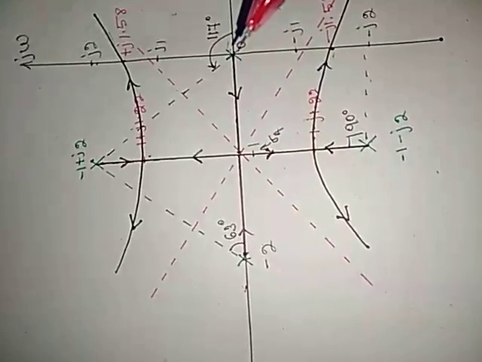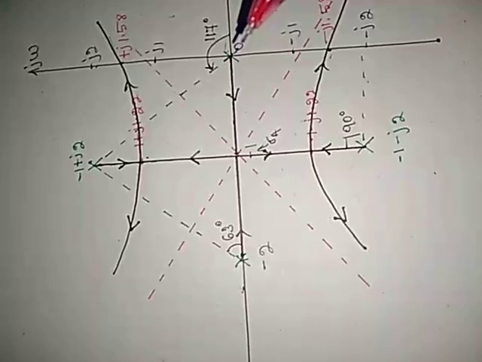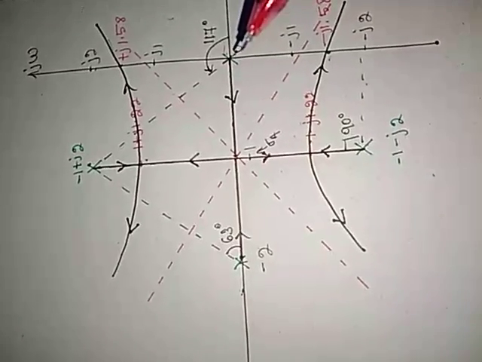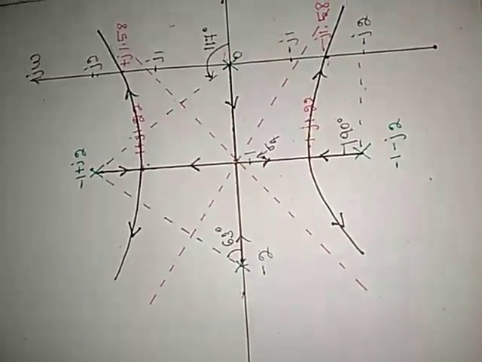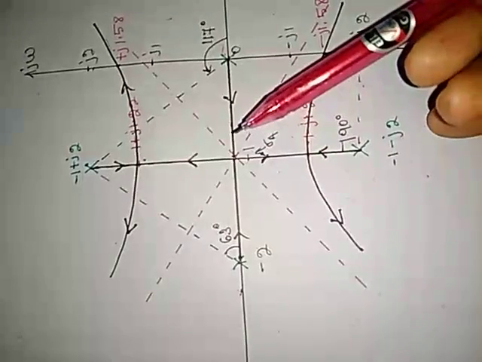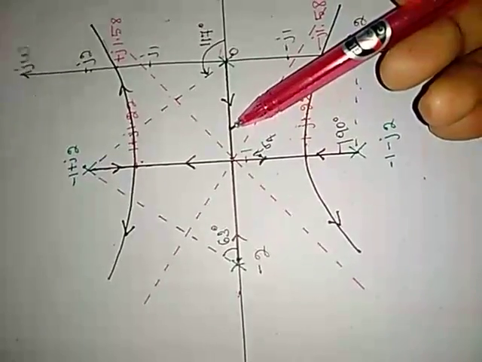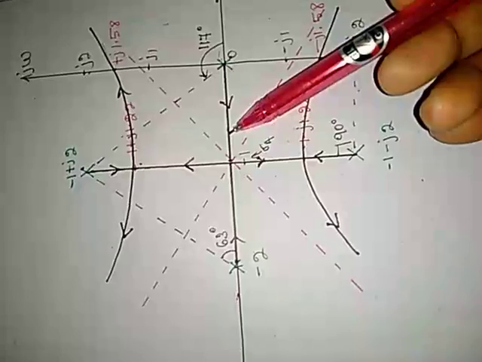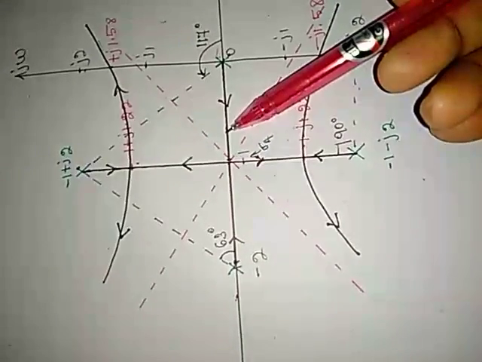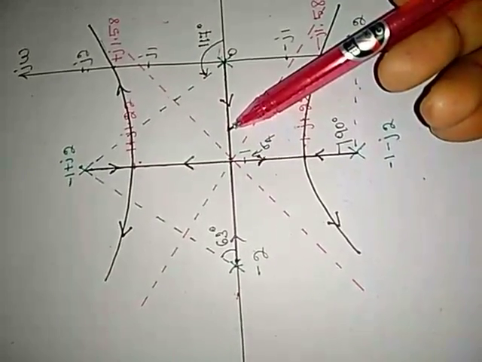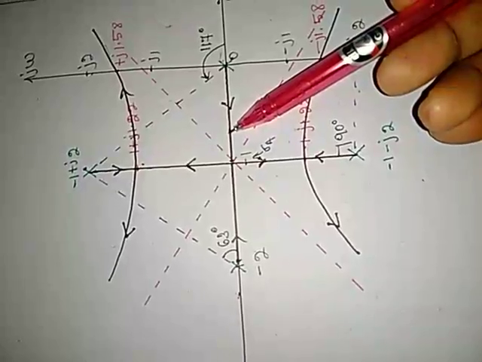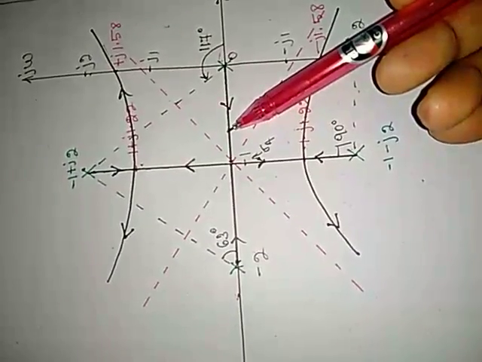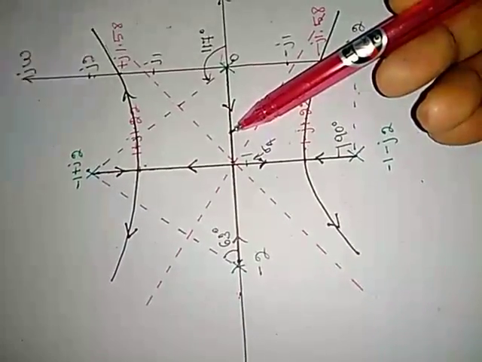So see, on the real axis, where does the root locus exist? If I place my pen here, and see whether on its right side an odd number of roots are present or not. Yes, at s equal to 0 it is present.